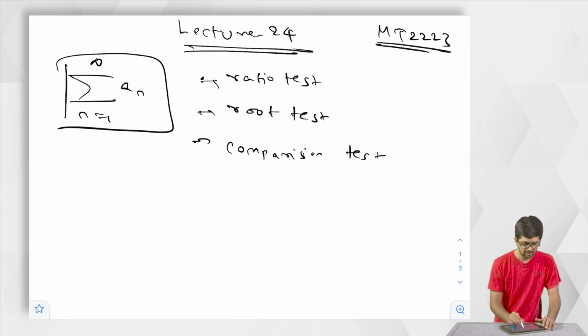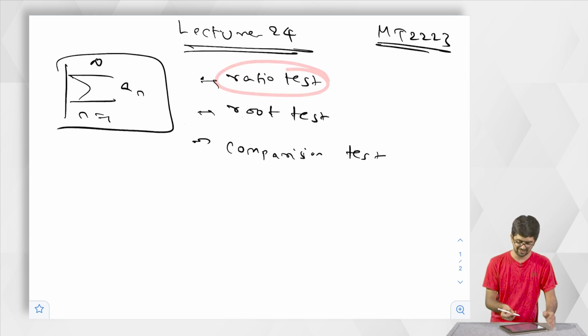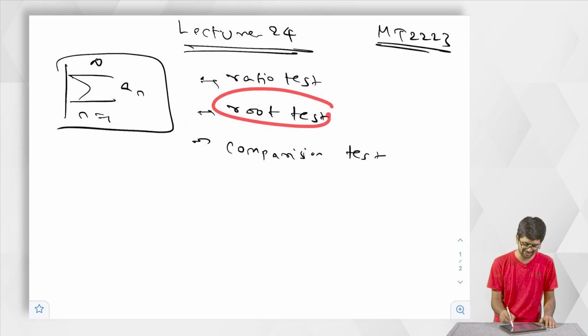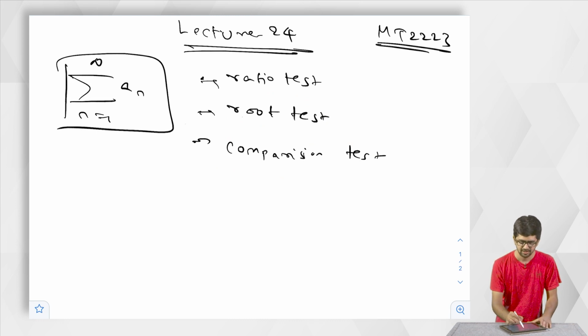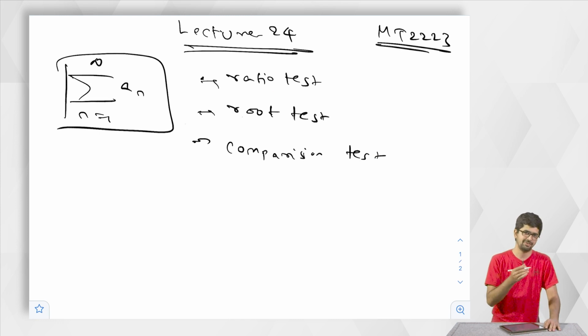So what was the starting point for thinking about the ratio test, root test or comparison test? We are trying to imitate the ideas from the limits of sequences, copy-paste them here, and see whether we succeed or not. So let us copy one more result from sequences.